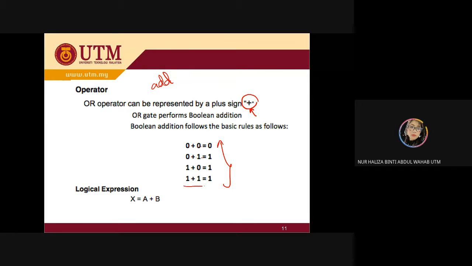But at the last row over here, 1 plus 1, supposedly you will get 10. But that is in terms of mathematics. When you are playing around with gates, you only have one output to represent. Of course, you cannot pick 0 as a sum and carry 1. So your output will be 1.